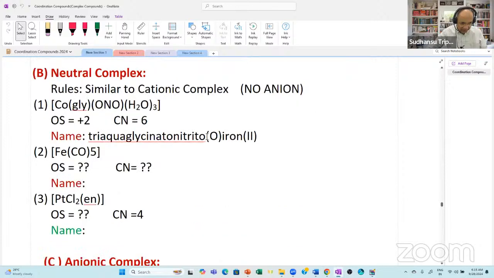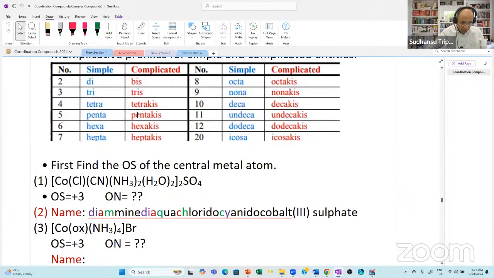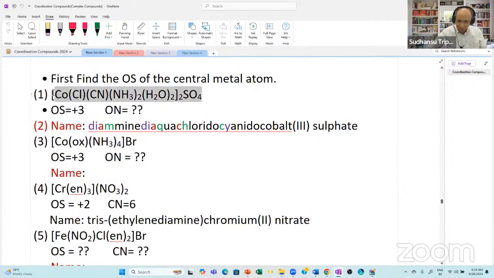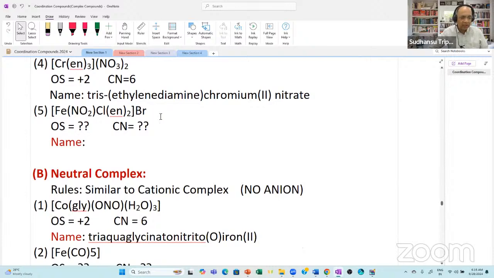This we have already done. And in every type, there are cationic ones. This example I have not given in this discussion. I have given some others. You write of your own, find the oxidation number and coordination number, and write the name. I have written some, and some others I have asked you to find out.